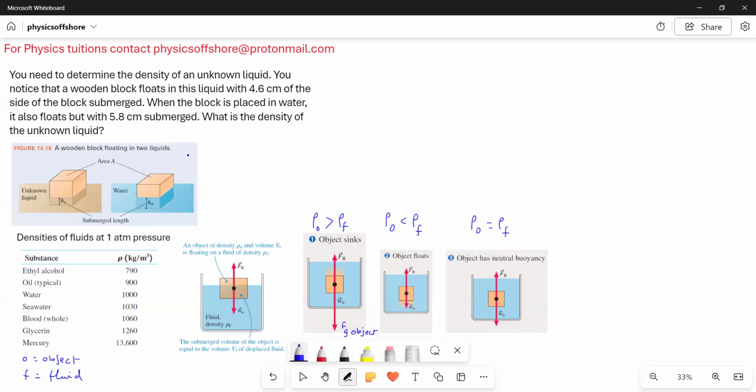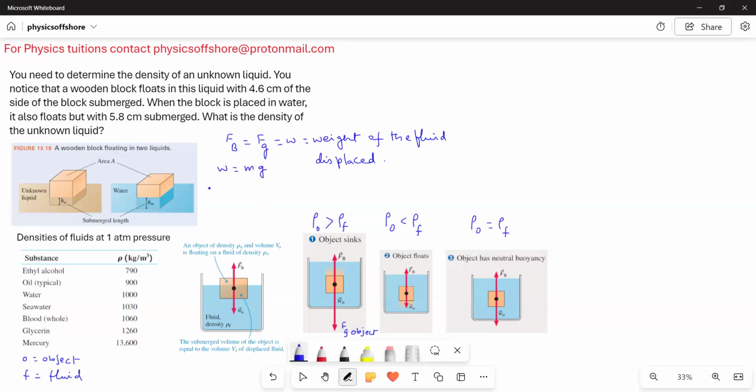Now, according to the Archimedes principle, the buoyant force is equal to Fg, the weight of the fluid displaced by the object. Now we have to write this in terms of density, because we have to find out the density of the unknown liquid. So we know W is equal to mg, am I right?